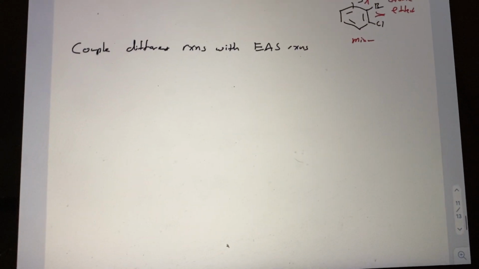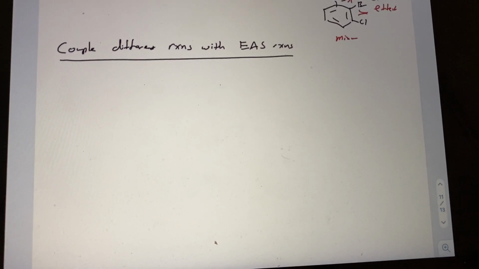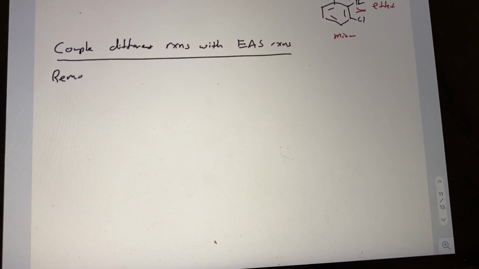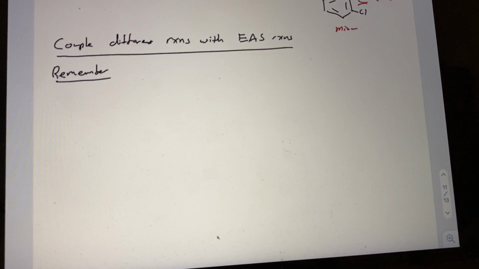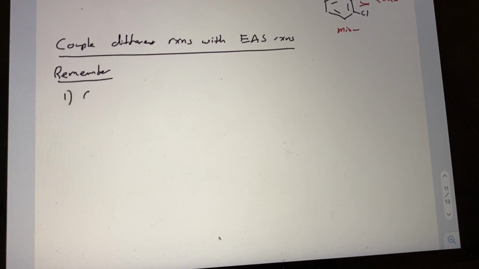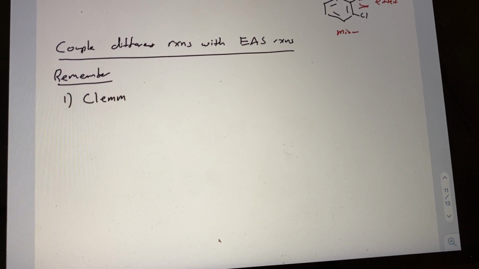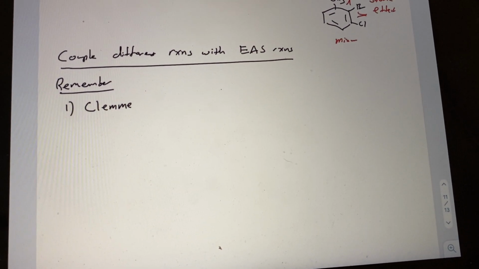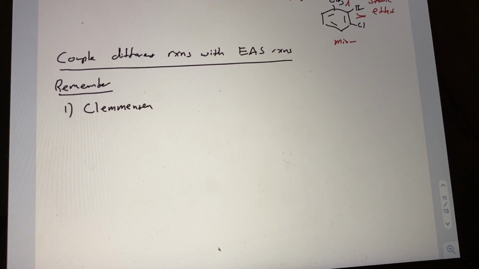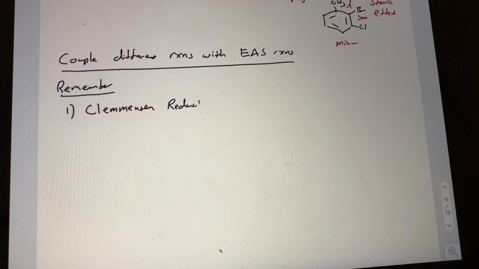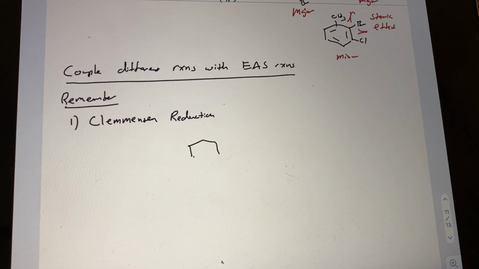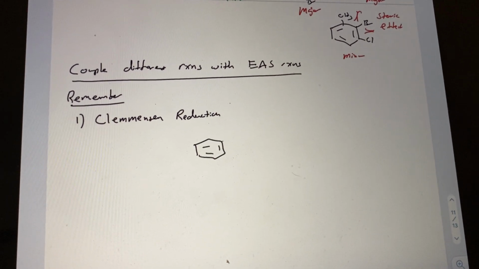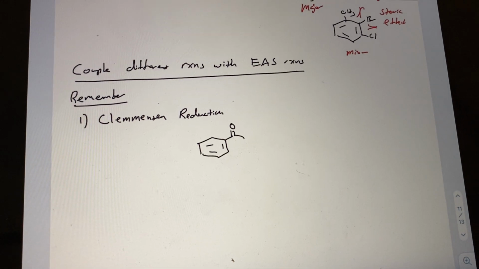What this means is one thing in particular. We're going to review one thing and then bring in a new reaction. So remember, we have the Clemmensen reduction. We have a couple of reactions. This one we didn't really go through the mechanism, but imagine you have this acetophenone, so this ketone.